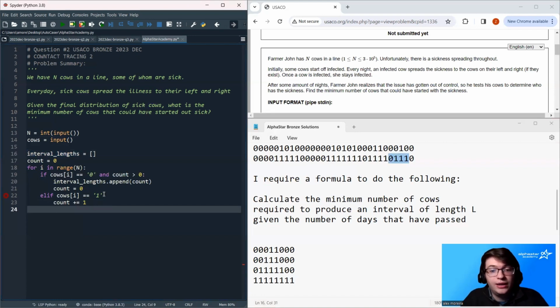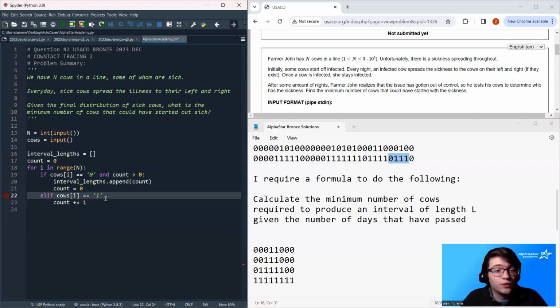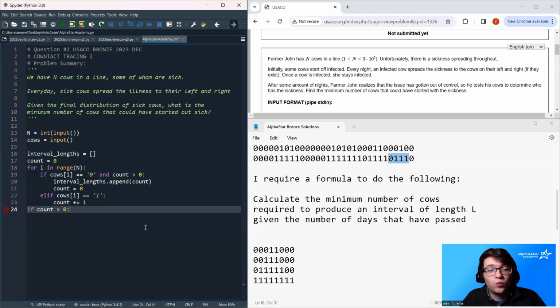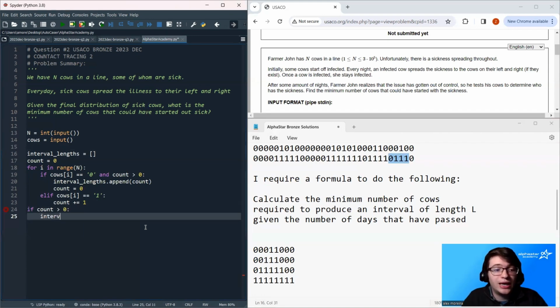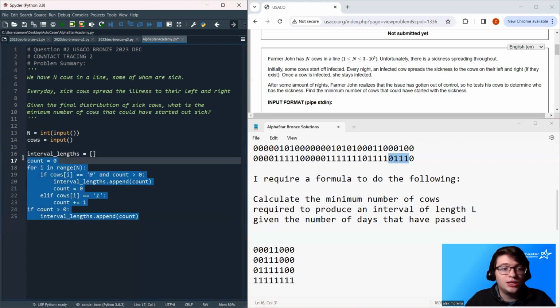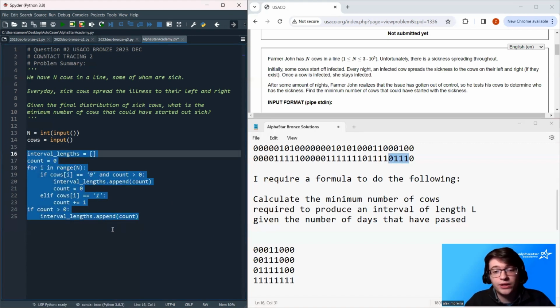All right, and then we're just going to keep doing this until we've looped over all of the cows. And if at the end count is positive, that means we have one more interval we need to consider. So we're going to add interval lengths dot append count. All right, so this just keeps track of each and every interval length.